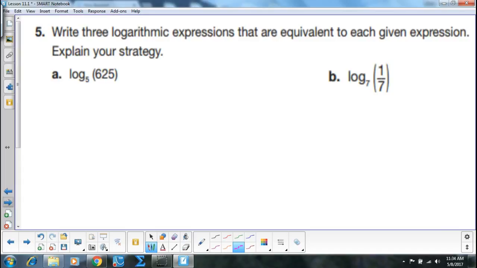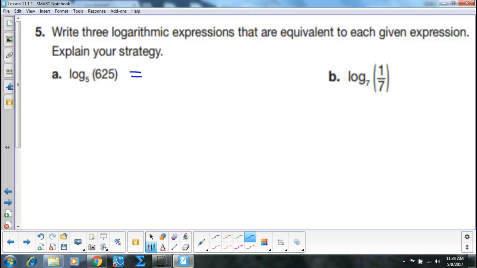So, in question number 5 here, it's asking to write 3 logarithmic expressions that are equivalent to each given expression. What does equivalent mean? Equal. So what is log base 5 of 625 equal to? That would be 5 to the 3rd.